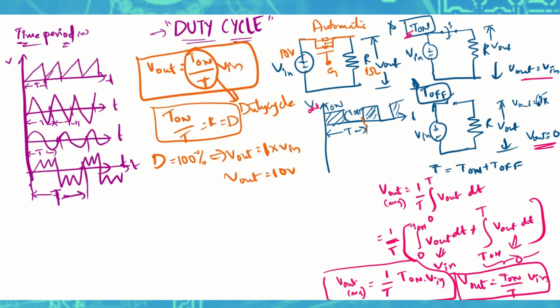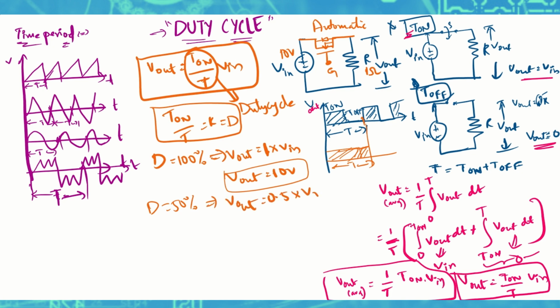When duty cycle is 100%, you are turning the switch on for the whole time period, then V out is going to be 10 volts. Now let us say if duty cycle is 50%, what is going to be the V out? 0.5 into V in, so V out is 5 volts. Similarly, for 25% duty cycle, V out is going to be 2.5 volts.